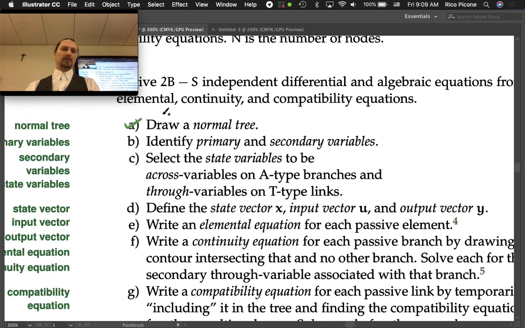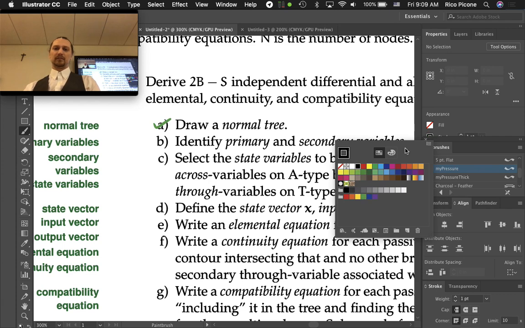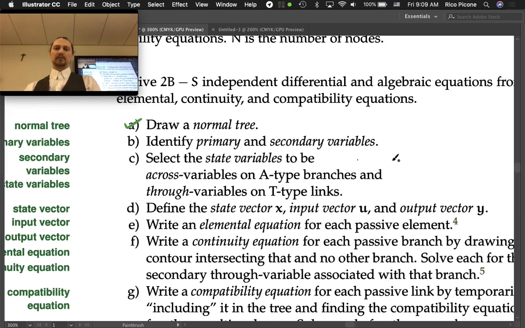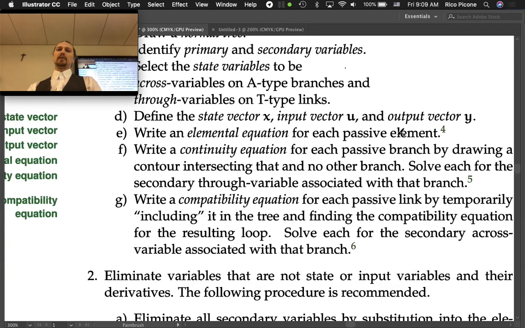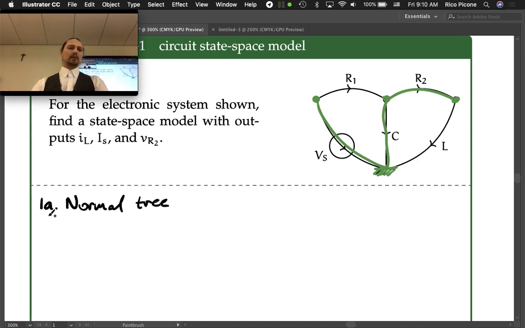So 1A, normal tree. Next, identify primary and secondary variables. Primary, and then we'll do secondary down here.